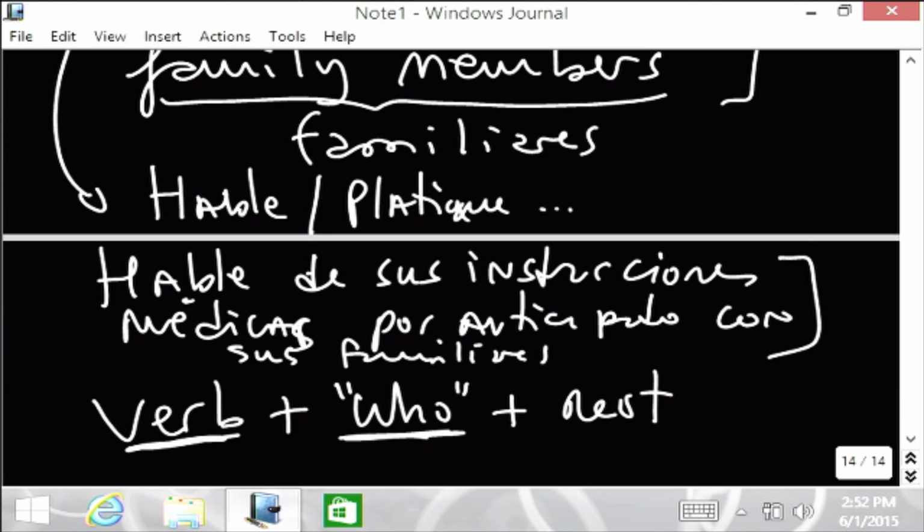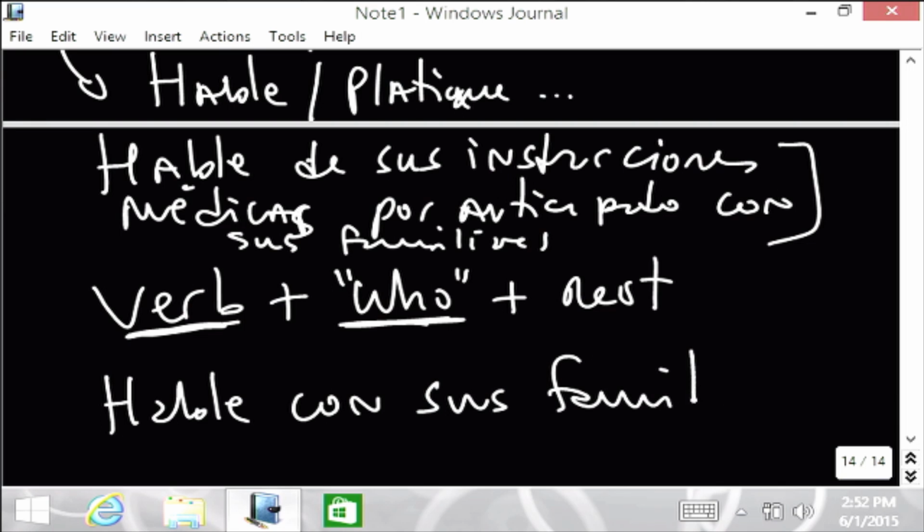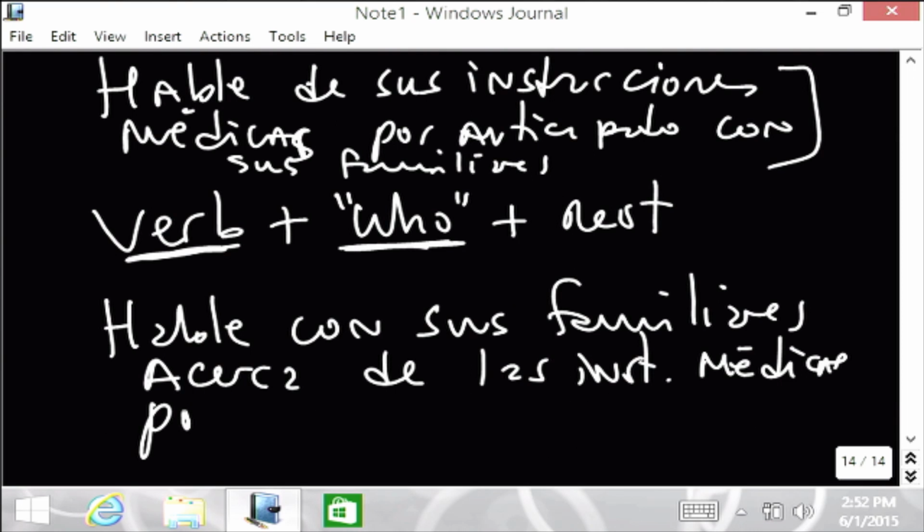Entonces, hable con sus familiares acerca de las instrucciones médicas por anticipado will be the proper translation for the original.